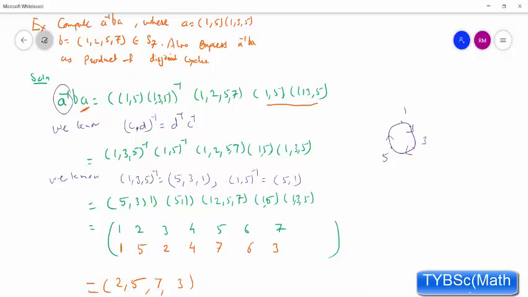So to find the inverse, we have to take it in reverse way: 1 goes to 5, 5 goes to 3, 3 goes to 1. Start from any element: 5 goes to 3, 3 goes to 1, and 1 goes to 5 again.